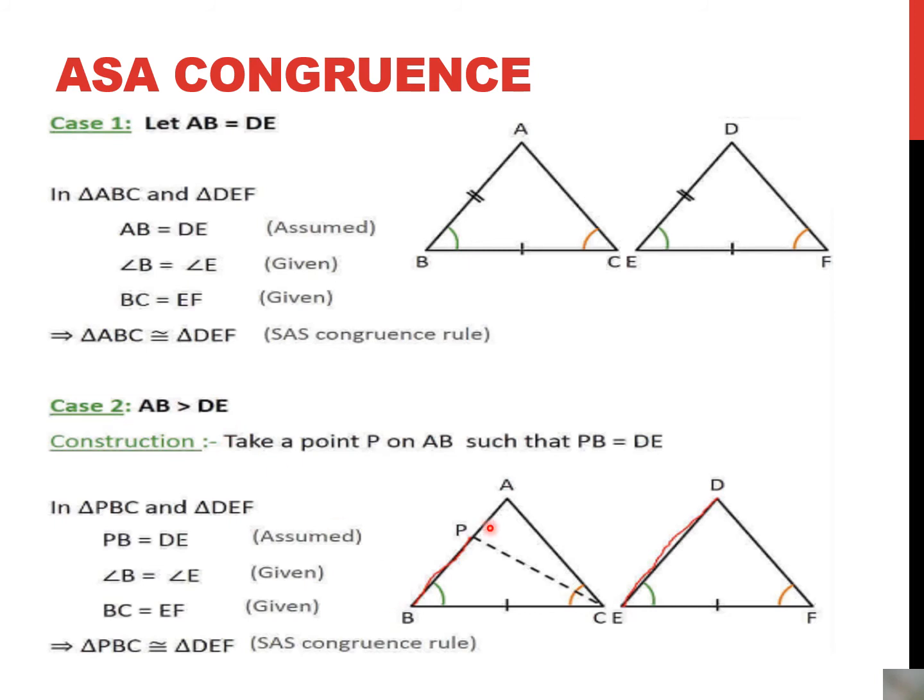So you have to take one point P and assume that PB is equal to DE. Then you can easily prove that triangle PBC is congruent to triangle DEF, again by SAS congruence.